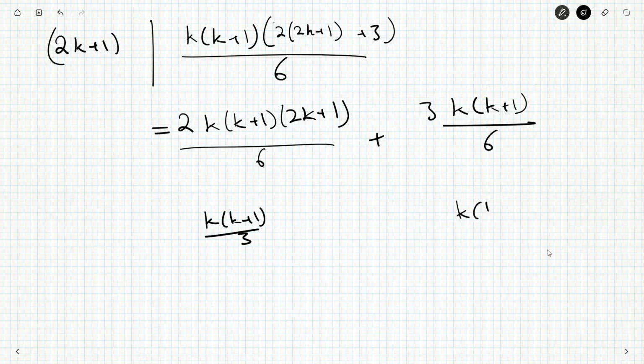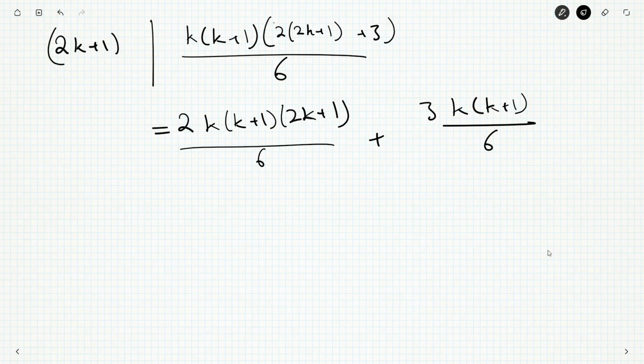And as long as k times k plus 1 over 2 is an integer, which it always is, and is a multiple of 2k plus 1, then again we're all set. But is that the only situation? I don't think so. There appears to be more to consider.